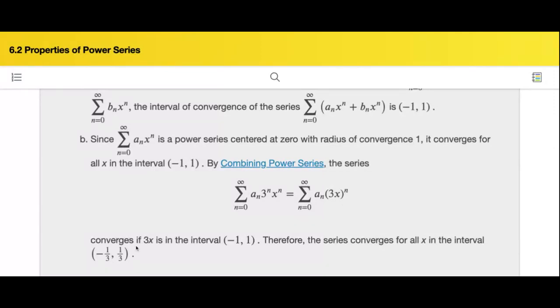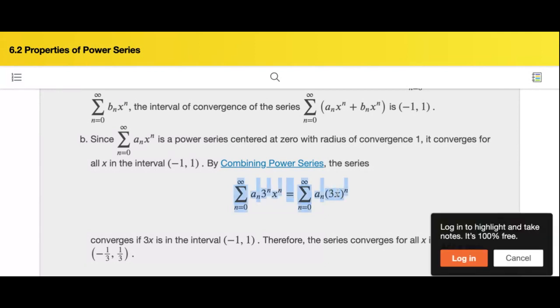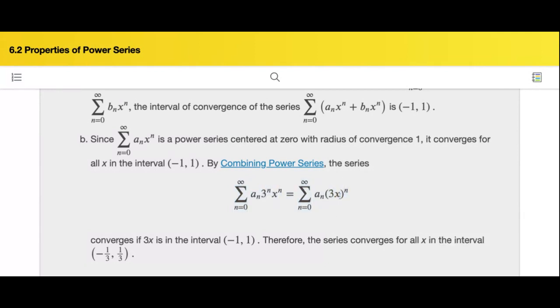It converges if 3x, right? Because the variable is 3x in terms of x now. So 3x has to be in the interval of -1 to 1. Well, divide by 3. So that means the series converges for all x in the interval of -1/3 to 1/3.